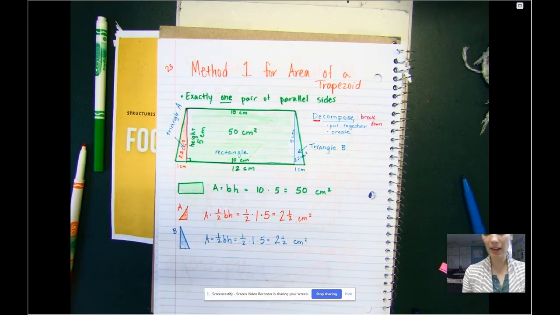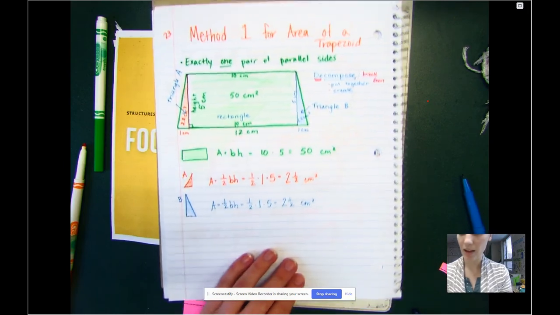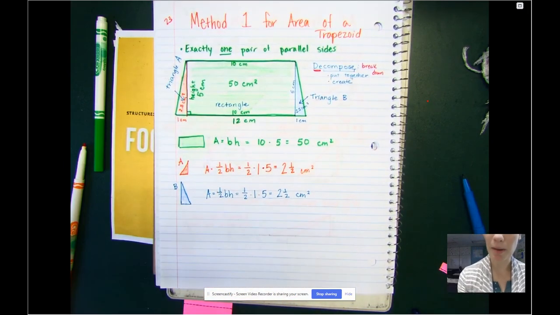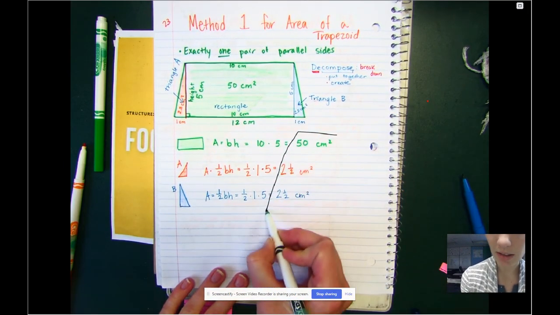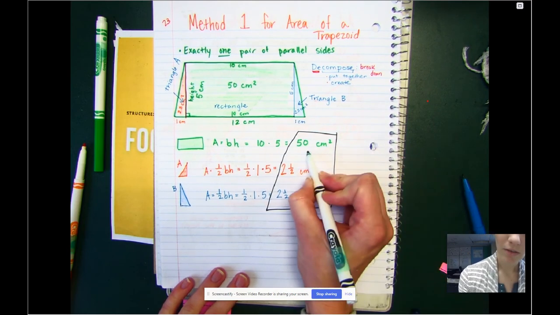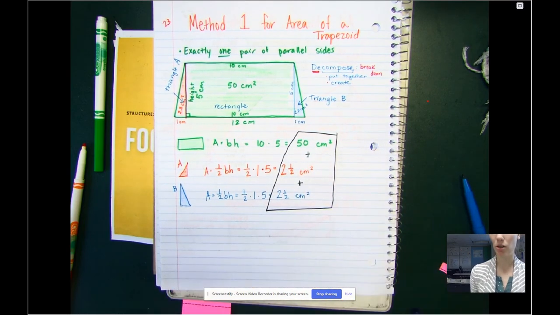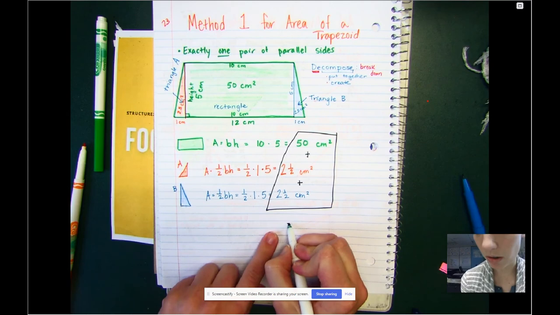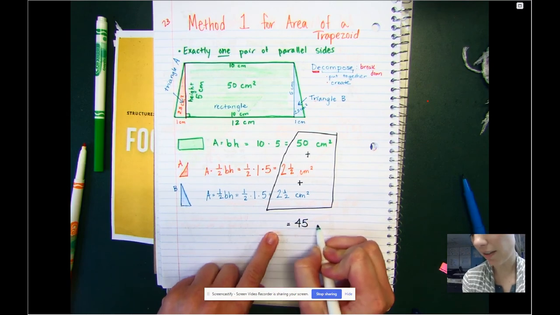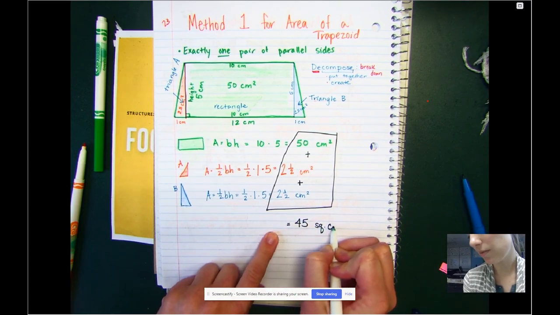So my area of my trapezoid then is what happens when I combine all three of these. 50 plus 2.5 plus 2.5, which equals 55 square centimeters.